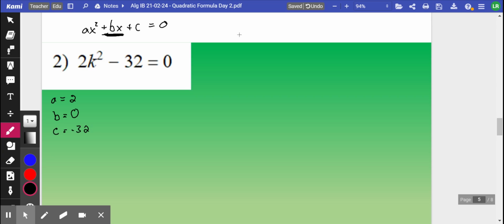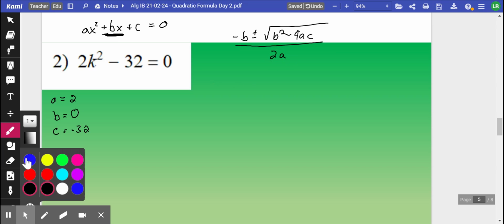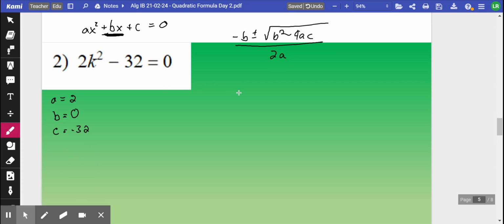Well, plug it into your quadratic formula. So we have negative of 0 plus or minus the square root of 0 squared minus 4 times a times c.